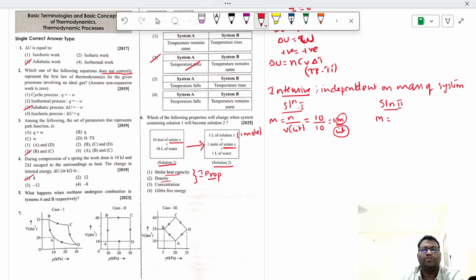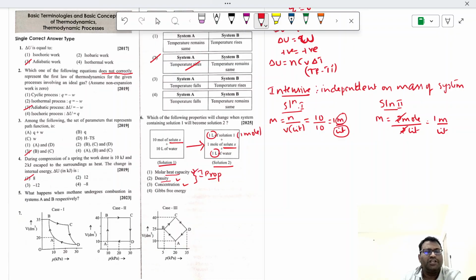That means 2 moles, by 1 liter plus 1 liter, totally 2 liters. So 2 gets cancelled. Again we are getting 1 mole per liter. That means the concentration of solution 1 is equal to the concentration of solution 2. So concentration is not changing, density is not changing, molar heat capacity is not changing.